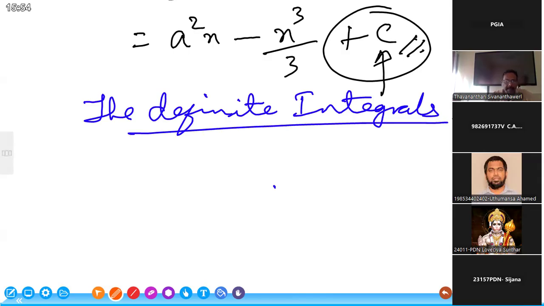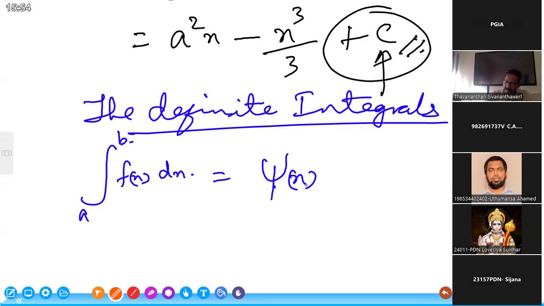What is definite integrals? By definition, the definite integral of a function is given from the lower and upper limits, a and b, where psi x is the integral of the function, after substituting the values of a and b.